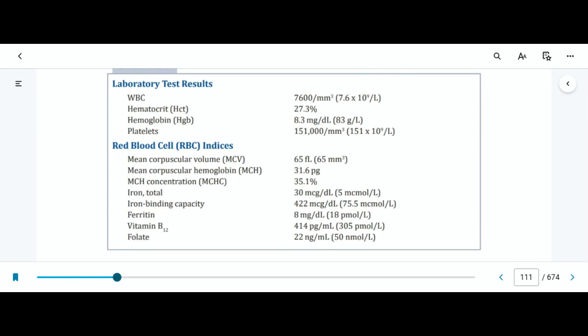Also, her MCV, iron, and ferritin levels are low. So what kind of anemia do we think she has? So we know she's got anemia because the hemoglobin and hematocrit levels are low, right? But she also has low iron and ferritin. So what kind of specific anemia do we think? Right. And everybody kind of see, given her history, how iron deficiency anemia is probably what we're looking at.